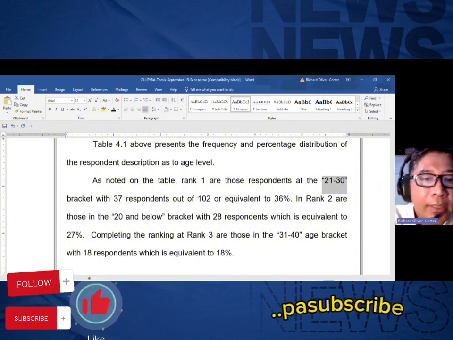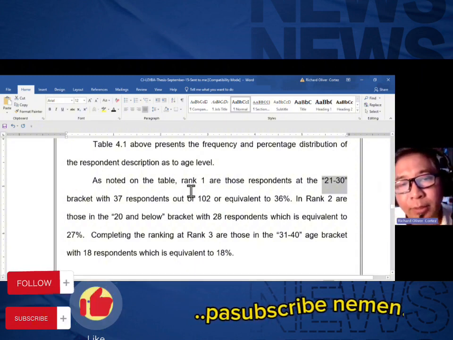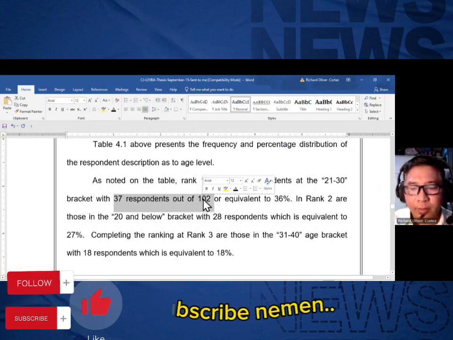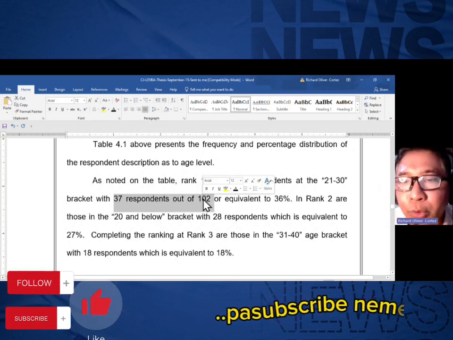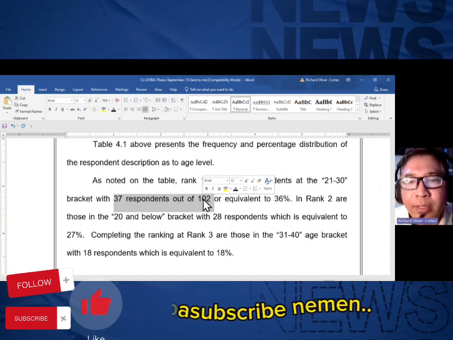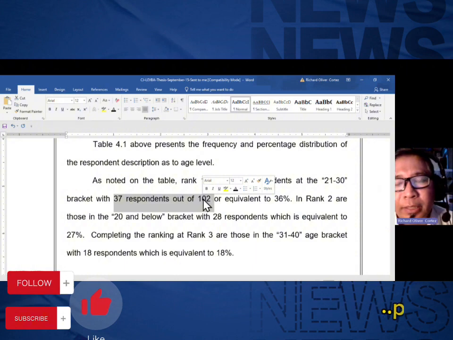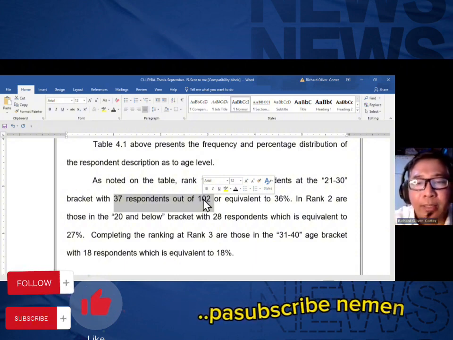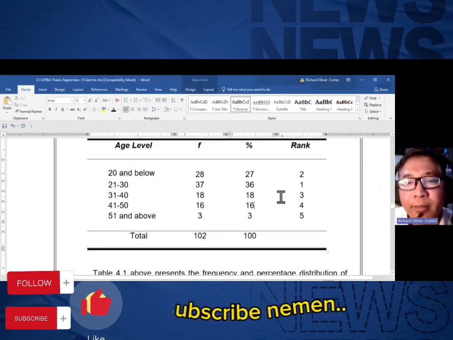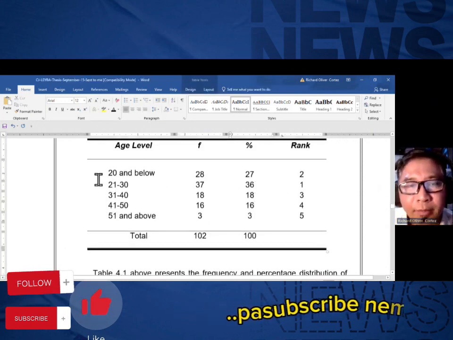And you also write here the frequency. For example, 37 respondents out of 102 belong to the 21 to 30 age bracket. And you also write the corresponding percentage, that is 36 percent. So the 36% comes from the table.